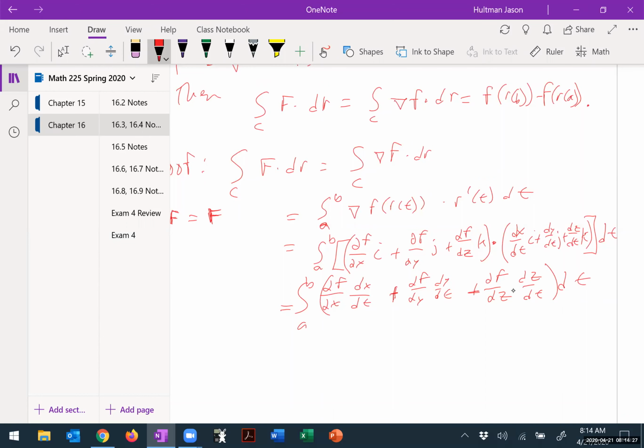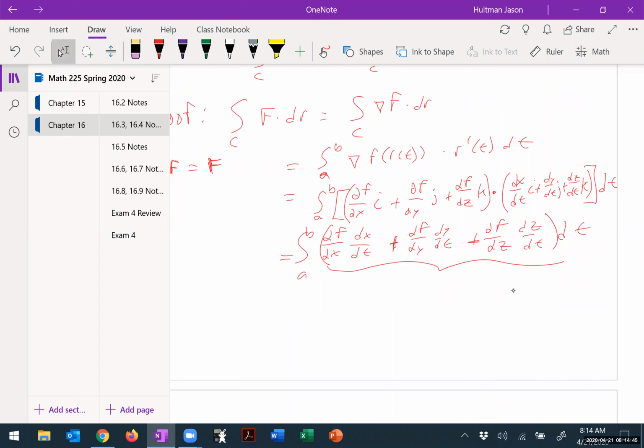Okay, well, what is this thing here? Well, this is just df dt, right? So it's df dx, dx dt. Well, this is just the chain rule for vector functions.